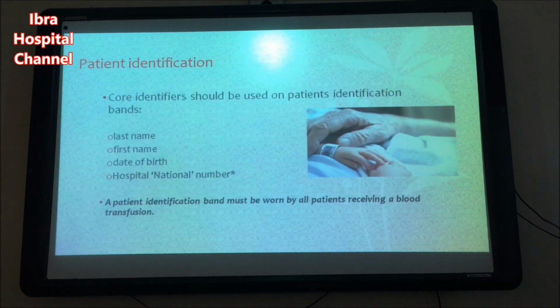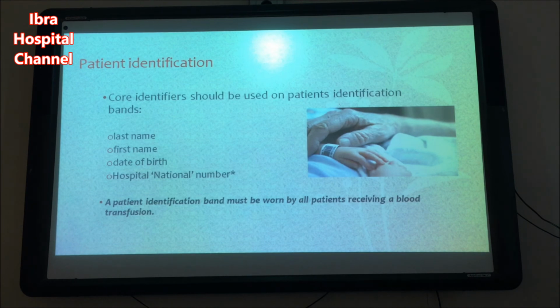It may sound very easy, but this is the first cause of mortality because of incompatible ABO blood transfusion. It is serious. So patient identification is very important, and this is all part of appropriate blood request.